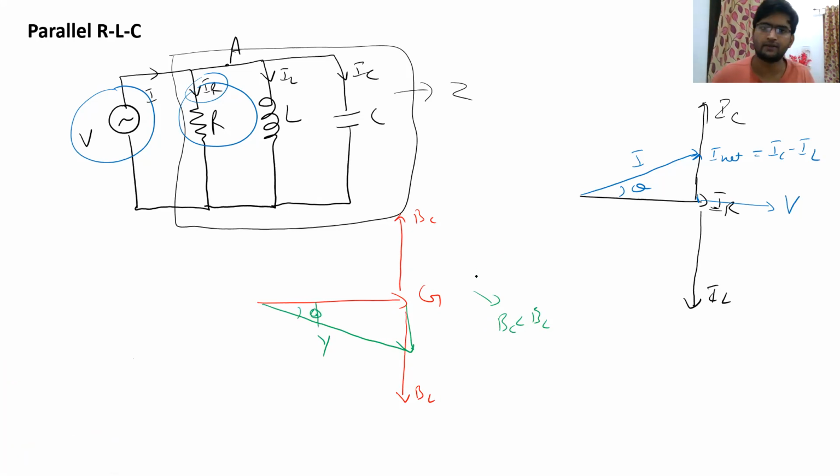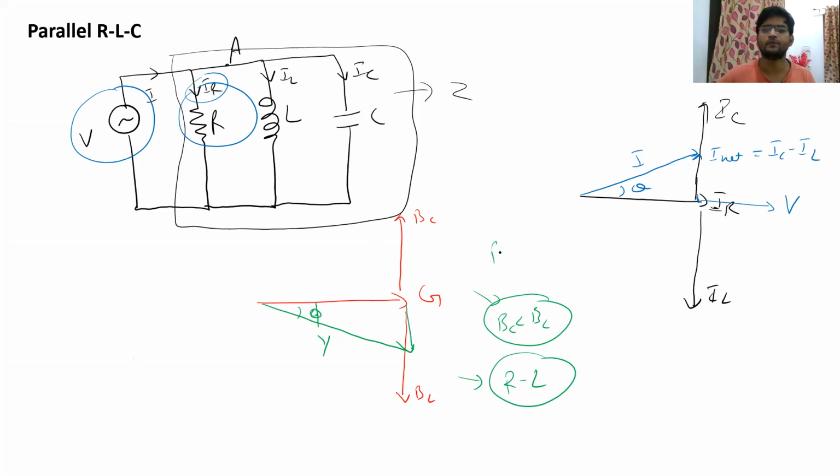So this is how we make phasors, and I hope you understood these topics well. So definitely when BC is less than BL, the circuit will be behaving as a parallel RL circuit. So definitely the current will be lagging with respect to voltage, and that is why the power factor will also be called lagging.